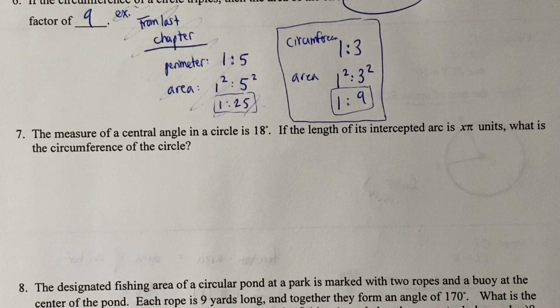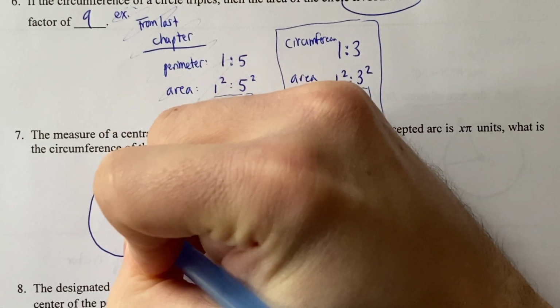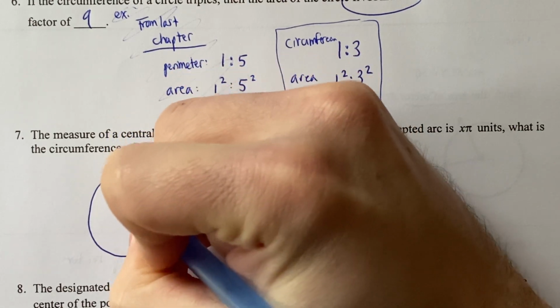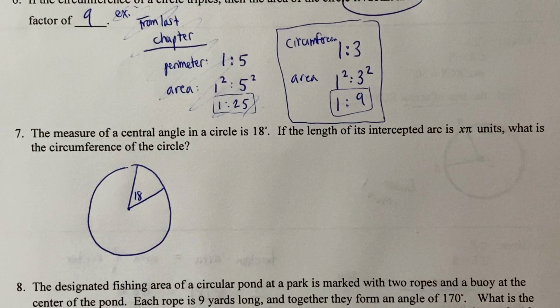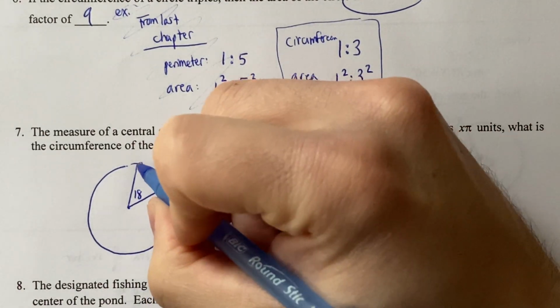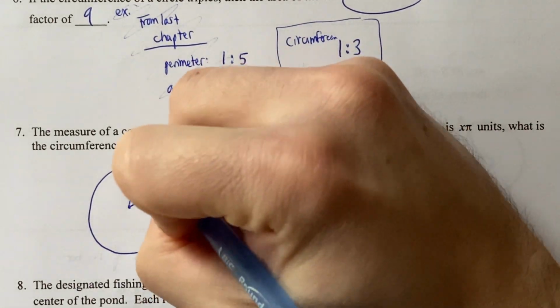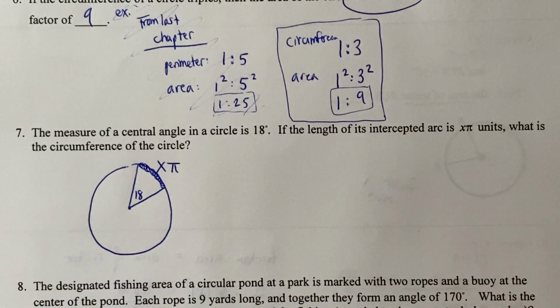All right. The measure of a central angle is 18. If the length of the arc, the intercepted arc, so that's just saying this, if the length of that arc that it made was x pi, what is the circumference?